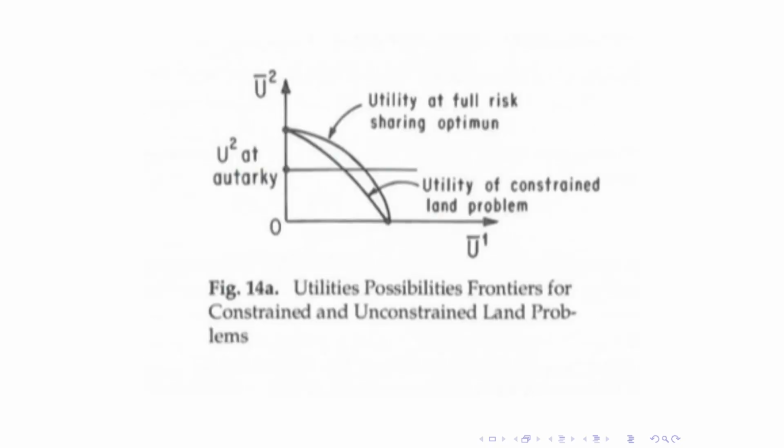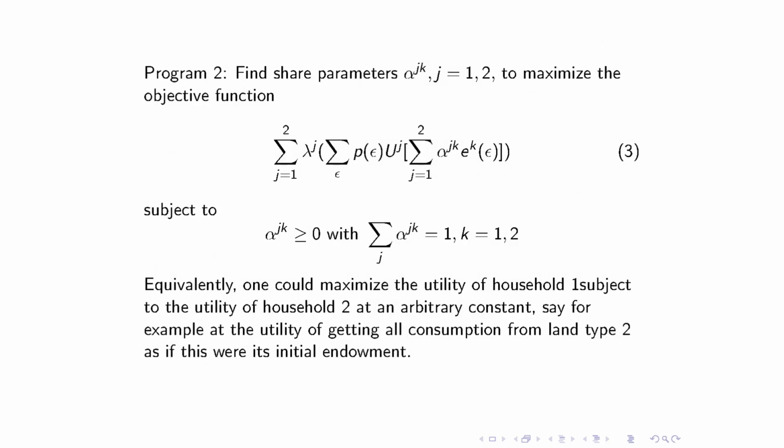So now we know we in general cannot achieve an optimum, but we were trying to describe this constrained optimum arrangement. I guess what I want to emphasize is despite the restrictions, we're still solving this programming problem. We're maximizing lambda-weighted sums of utilities subject to constraints, namely the shares have to add up.